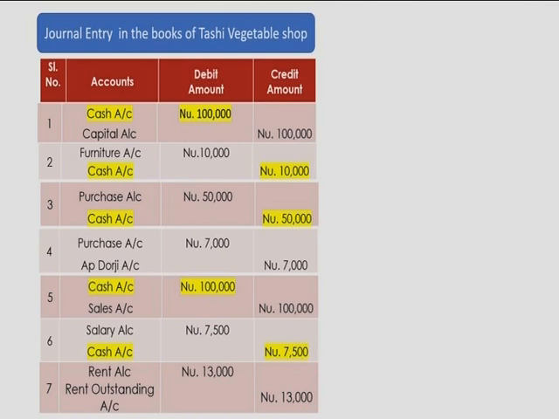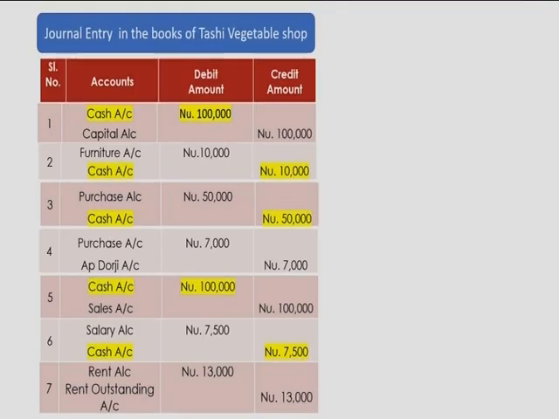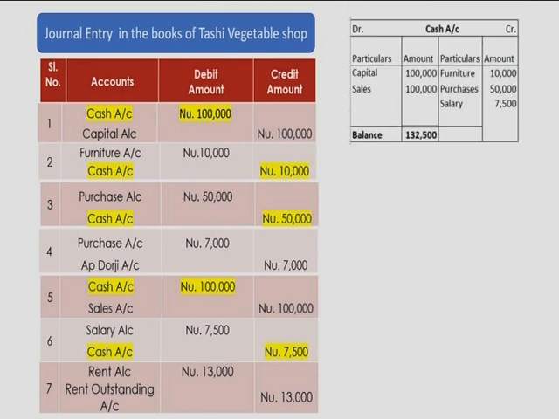Asset is decreasing. When the asset decreases, it is recorded on the credit side. So this cash alone will give you clear picture on how accounts are debited and credited by applying the rules. You can apply either of these two rules, three golden rules or five diamond rules. Now see, this is first ledger account prepared.